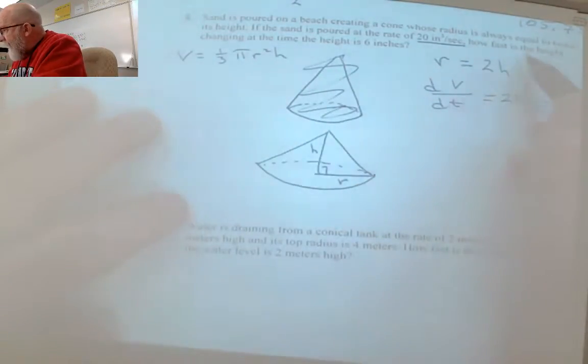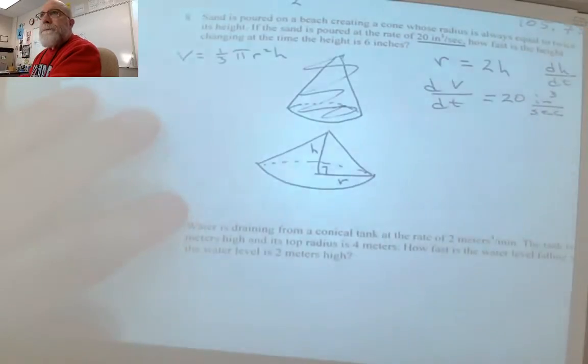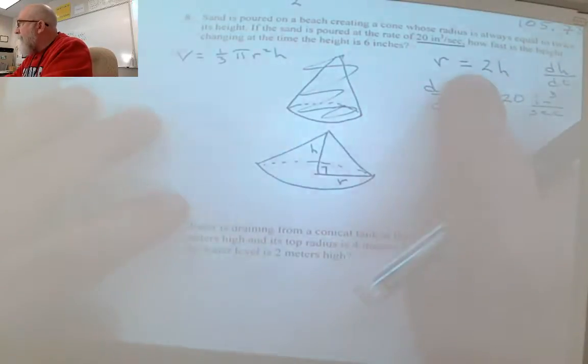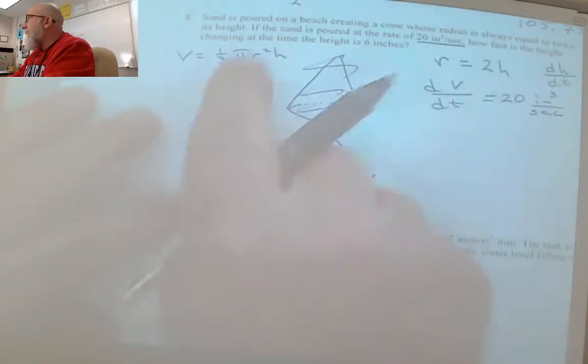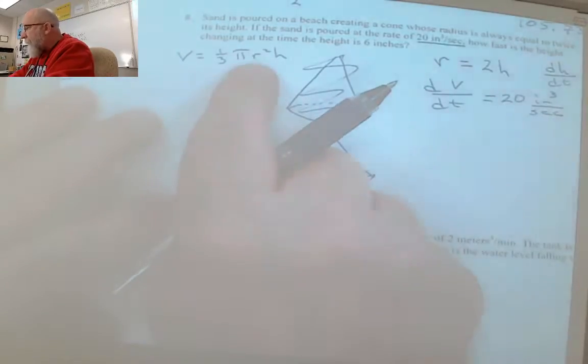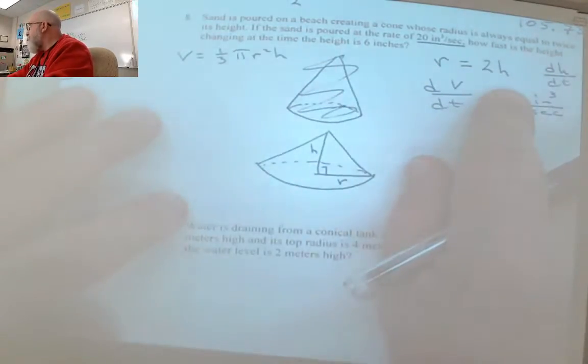All right. So it says, how fast is the height changing? So I want to know dh dt. Would you agree with that? Do I care anything about the radius in this problem? So because I know this, Jeremiah, can I get rid of the radius? Yeah. I can replace r with 2h, correct?